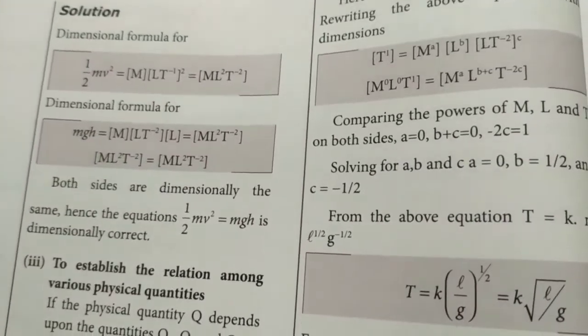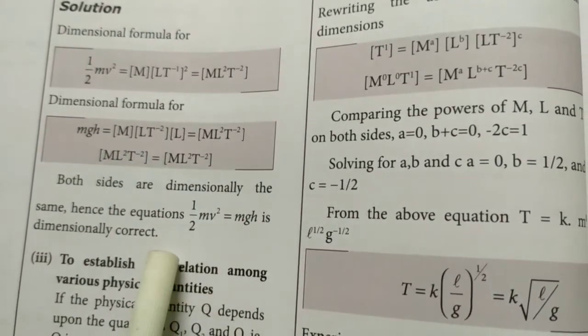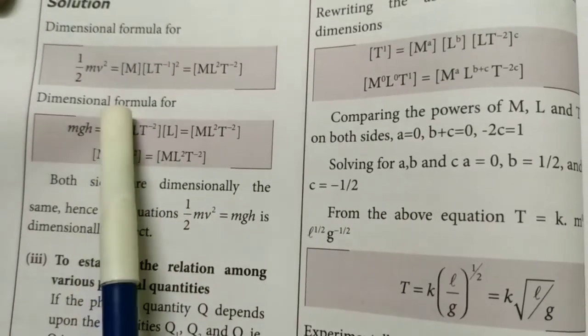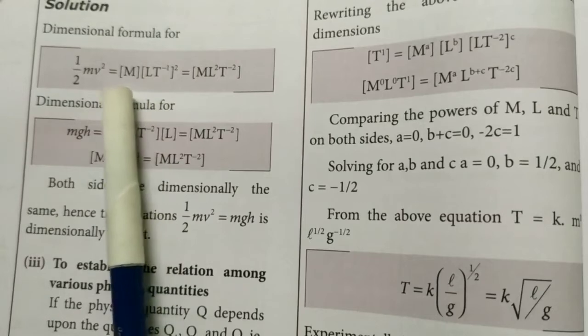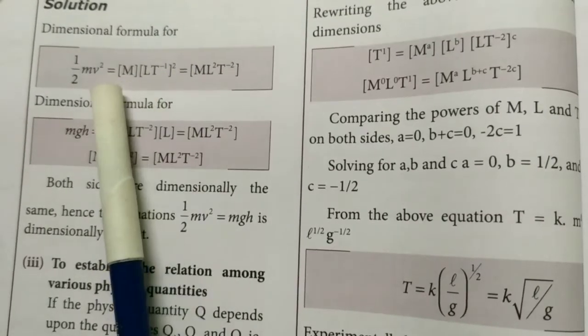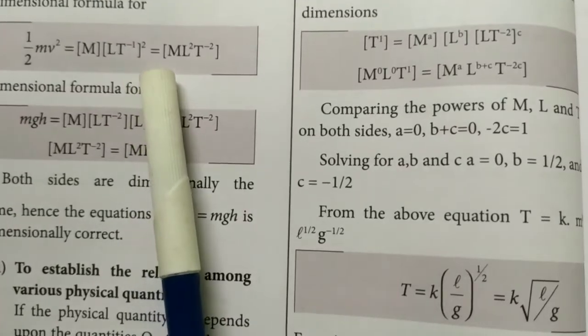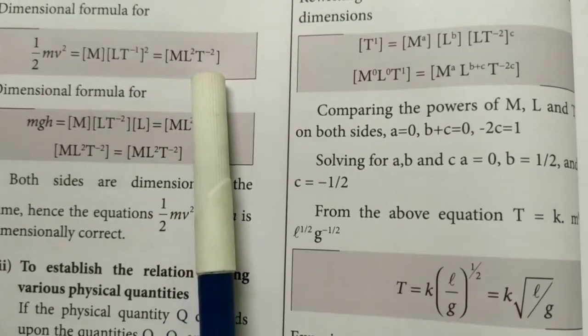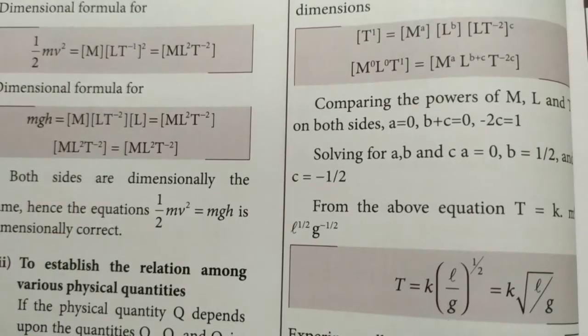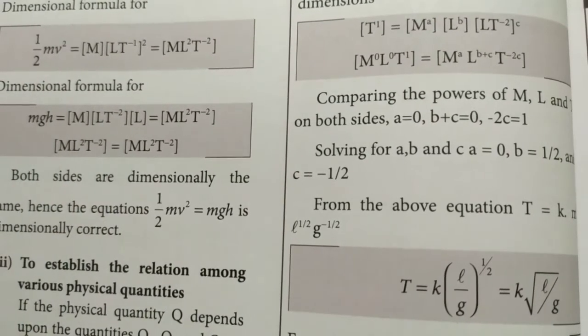The dimensional formula for half mv^2: for m, the dimensional formula is M, and v is LT^-1, and since it is v square, we take the whole square, which equals M L^2 T^-2. As you know, 1/2 is a number and it has no dimensional formula.